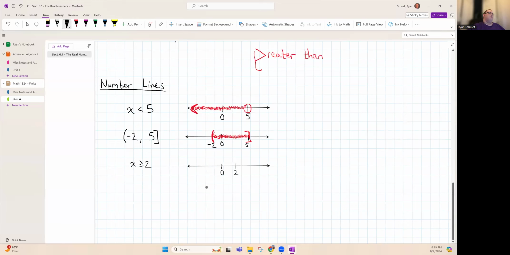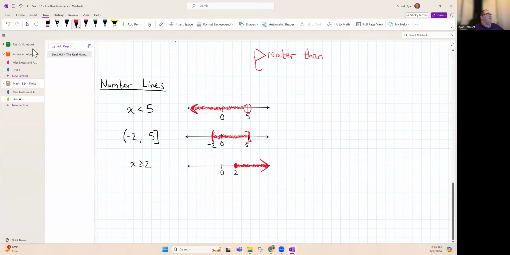Since it's greater than or equal to, I'm going to come to my 2 and put a closed dot. Since it has the equal to, I want a closed dot. And then it's greater than, so I'm going to shade to the right. And then put me a big old arrow saying I would keep going.